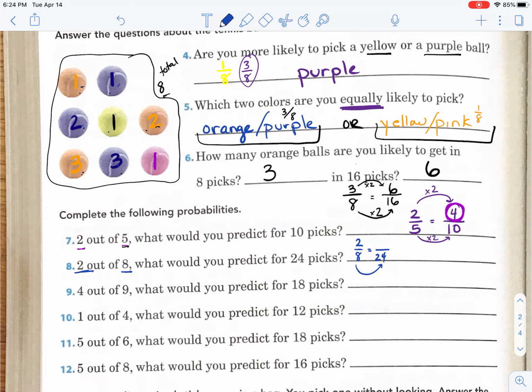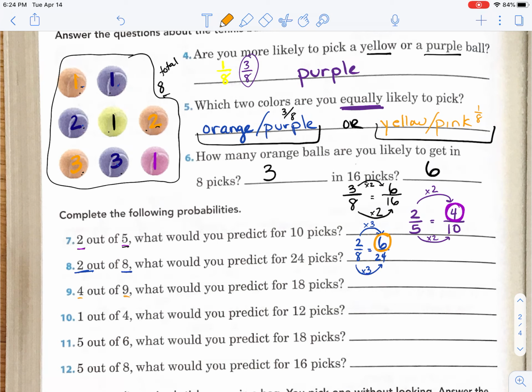Well, 8 times what is 24? 8, 16, 24. 8 times 3 is 24. What I do to the bottom, I also do to the top. Times 3. 2 times 3 is 6. So if I had a bag of 8 Skittles and 2 of them were yellow, I can predict that if I had 24 Skittles, 6 of them would be yellow. Do you see that?